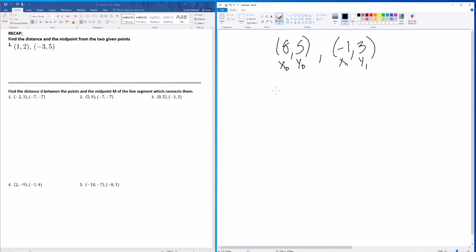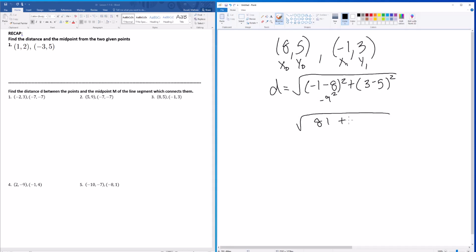Plugging them in, the distance is x1 minus x0 squared plus y1 minus y0 squared. So that's going to be -9 squared, which is 81, and add that to, that's 3 minus 5, that's -2. -2 squared is going to be 4. So I get the square root of 85.